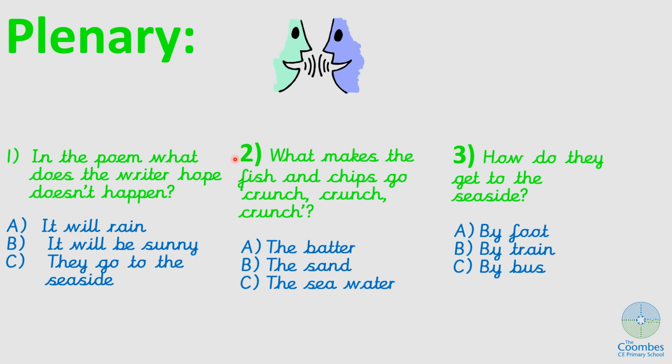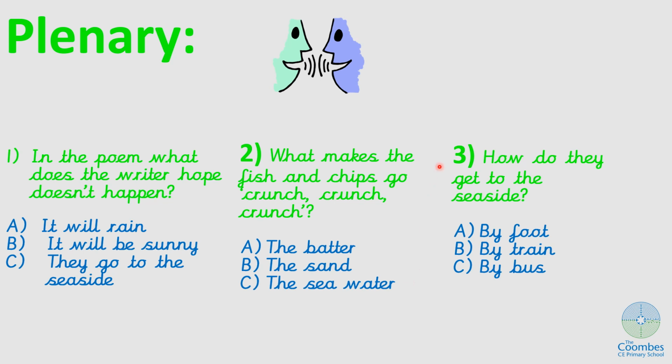Question number 2. What makes the fish and chips go crunch, crunch, crunch? Is it A, the batter, B, the sand, or C, the seawater? Question number 3.